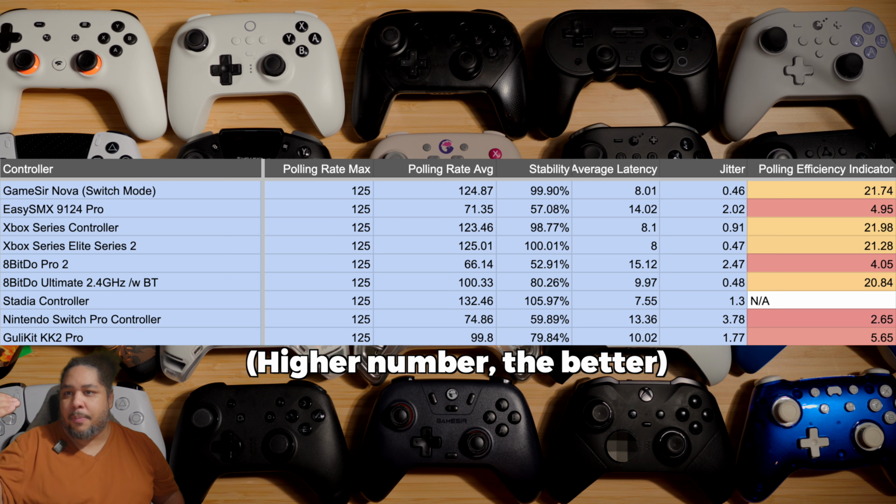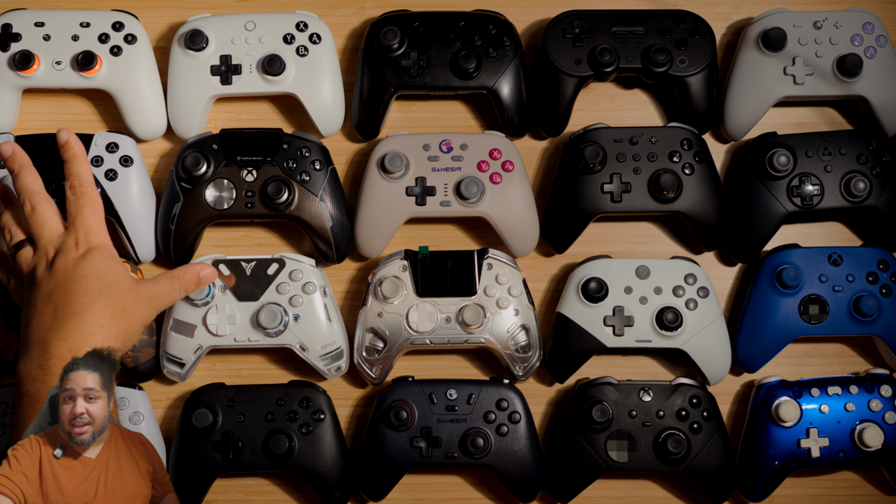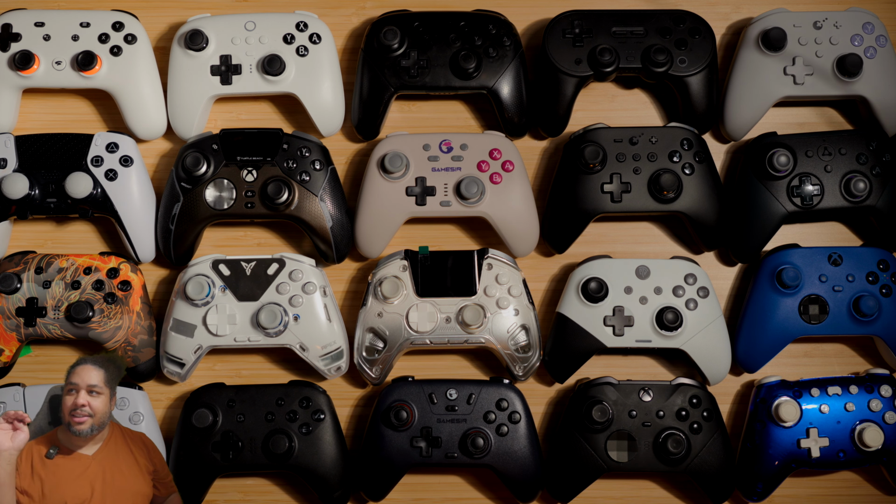Usually the 125 polling rates tend to have about an 8 millisecond polling rate, the 250 about 4, 500 about 2, 1000 about 1, so the maths add up. But that one, in terms of latency, is a cut above.